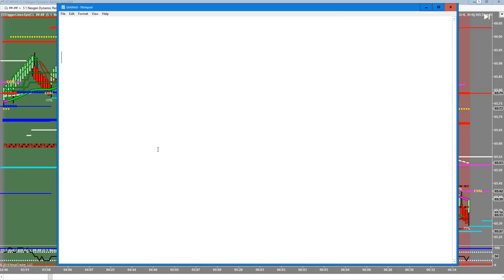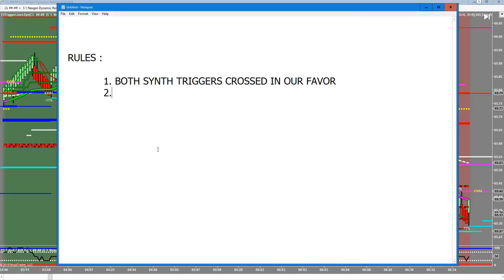So, rule number 1. We're going to write out some rules real quick, okay? We're going to make them very simple. Rule number 1: both synthetic triggers crossed in our favor. Rule number 2: price touches fibs and or midbands for the area to trade.